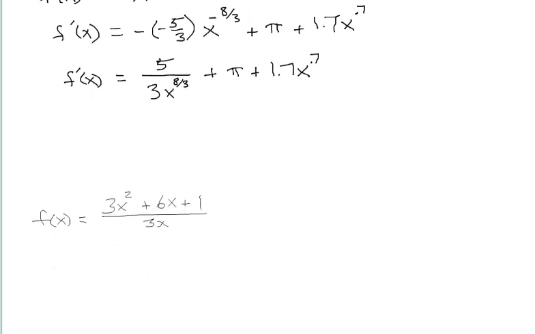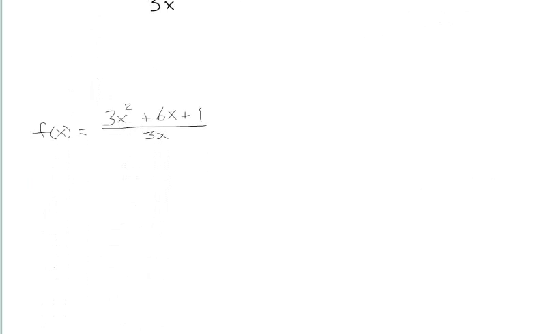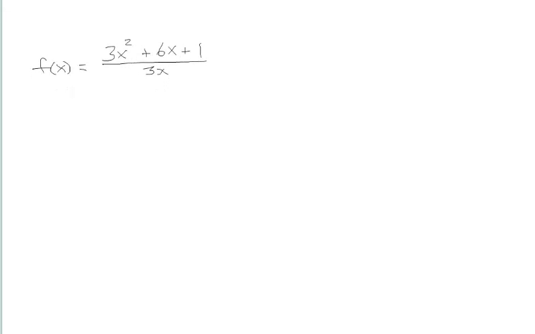Alright, and I have one more example, and I wanted to do this example also as an algebra reminder. I didn't put it over on the other page, but remember when you have a series of terms across the top and a single term on the bottom, you can rewrite this as 3 different fractions. So what we're going to do is think about this function.